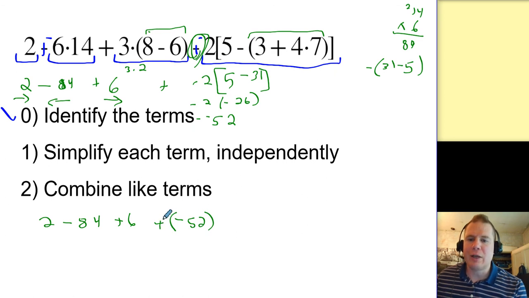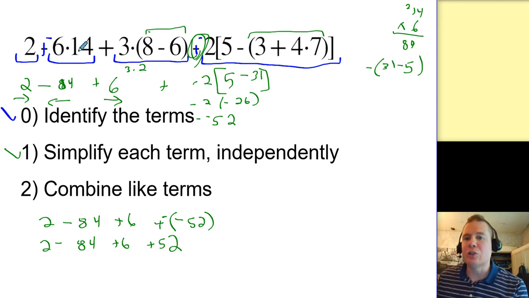We're adding the opposite of negative 52, right? This little blue negative is being applied to the negative 52 I got from these calculations. The opposite of negative is positive. Now I've simplified each term, right? Not by going left to right.